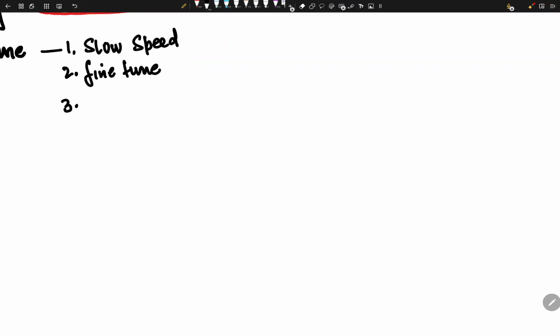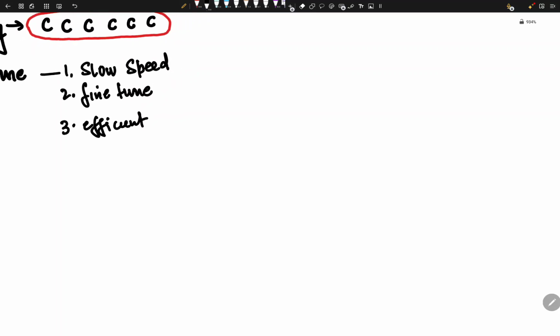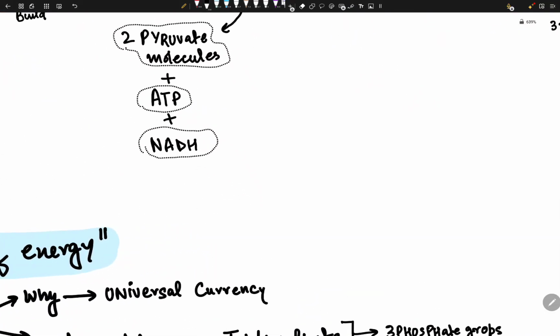The third problem is that we want to capture the released energy as much as possible into ATP. So we want to be efficient. How can we be efficient? By storing this energy in ATP and NADH. This is the reason why we have ATP and NADH, because we are storing this energy.